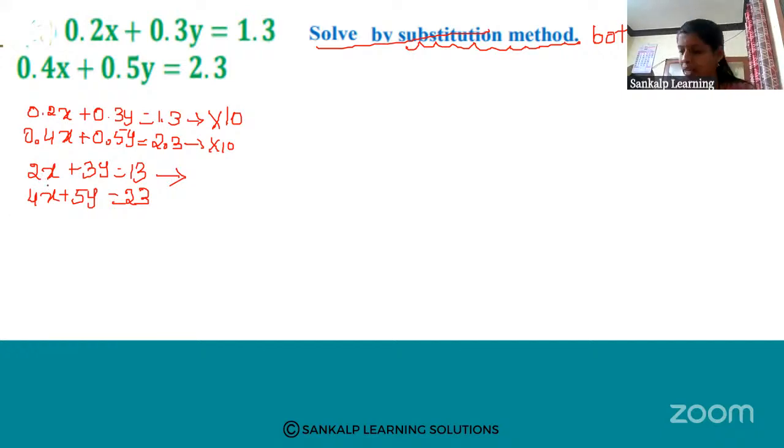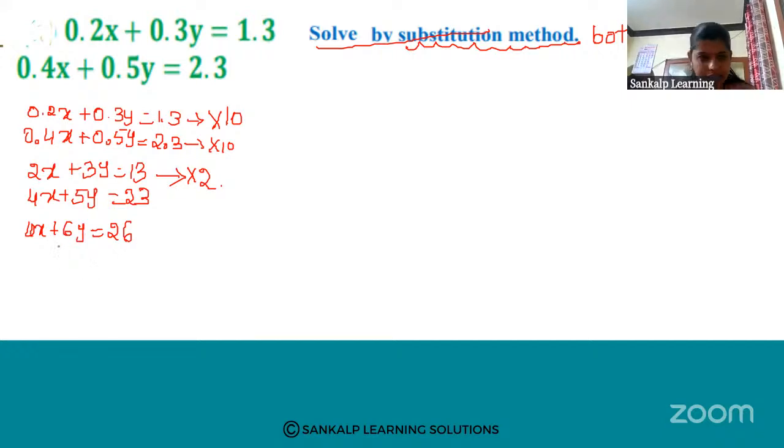If I multiply by 2, then it will be 4x. Now if I multiply 2 with this equation, then it will be 2 into 2 is 4x plus 3y, that is 6y. Now 4x will get cancelled. So I can do it like this. Next, 2 into 2 is 4x plus 6y is equal to 13 into 2 is 26.